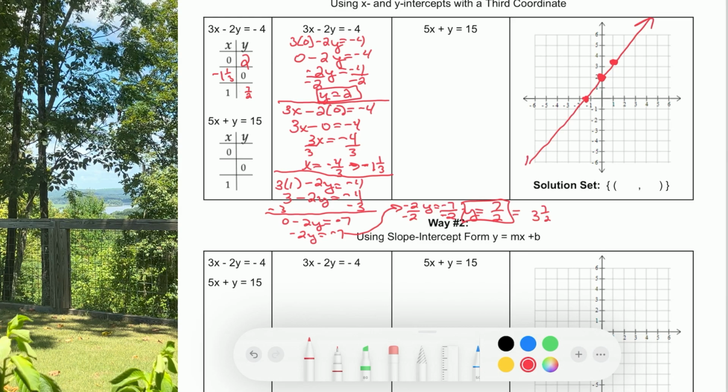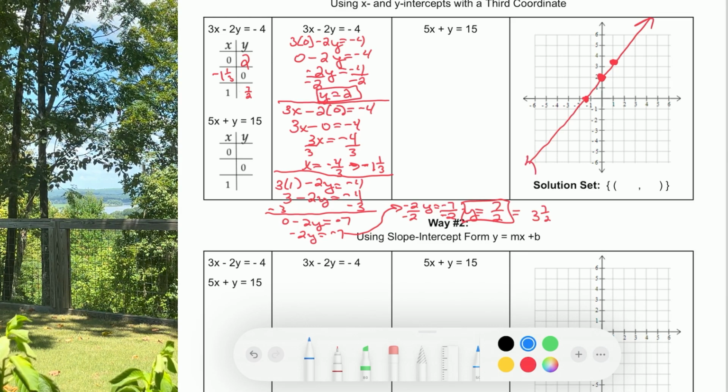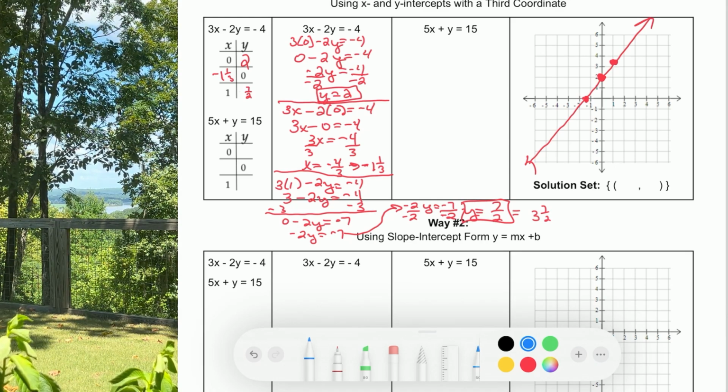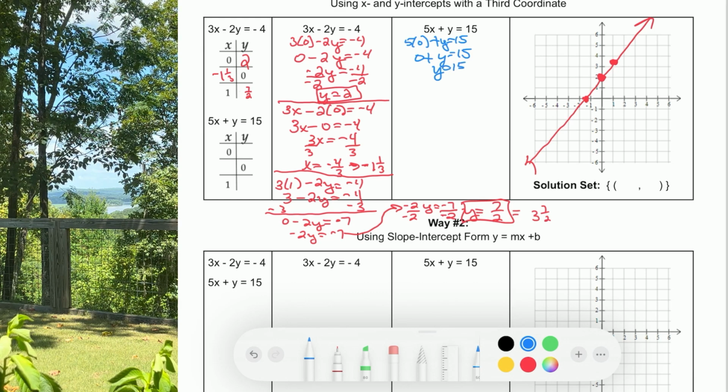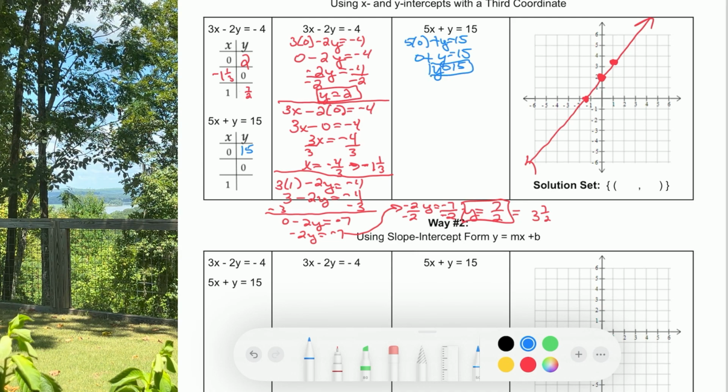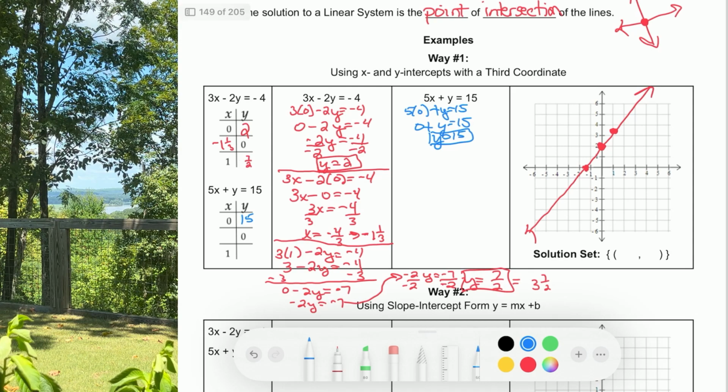All right, now we need to solve with our x and y intercept on our other equation. So I have 5 times 0 plus y equals 15. 0 plus y equals 15, so y equals 15. That's going to be tricky to plot because our graph doesn't go out to 15. So it's going to be somewhere way up here.